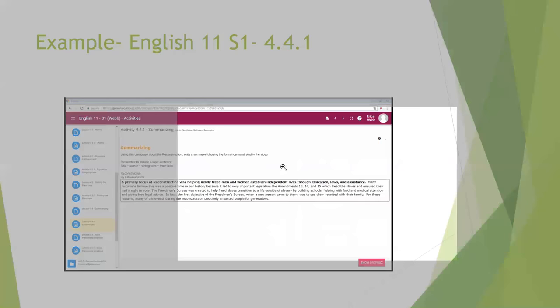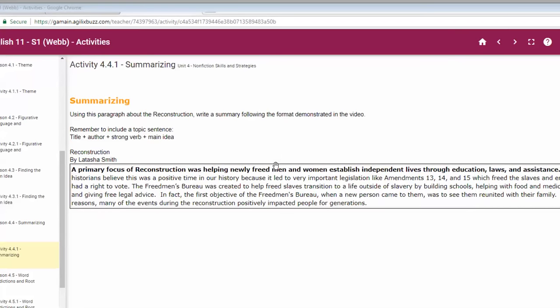Okay, so this is an actual assignment from English 11 semester 1. So if you're in that course and you haven't gotten to this, this will be very helpful when you get to that portion. Maybe you've already completed this and maybe you can realize some things you could have done better. And if you're in a different English course, if you're set up to take this course, at some point you might come across this assignment.